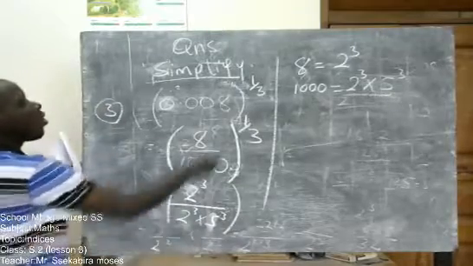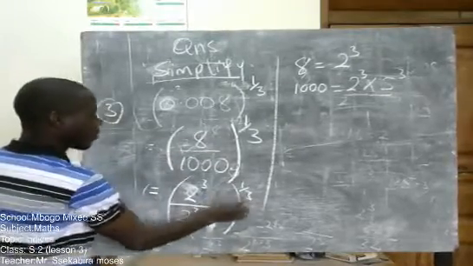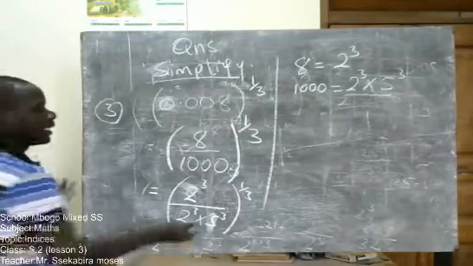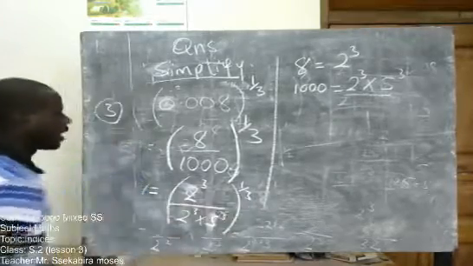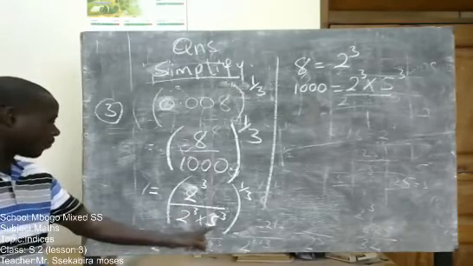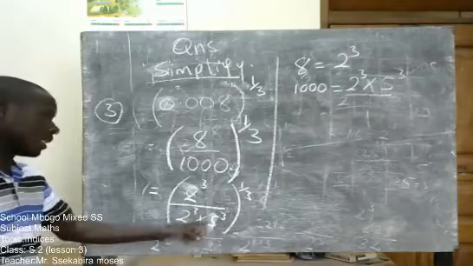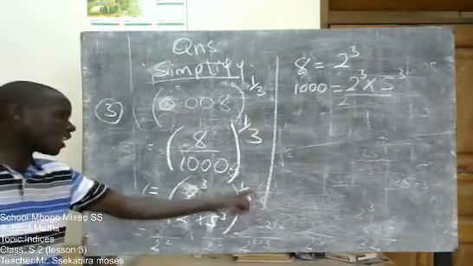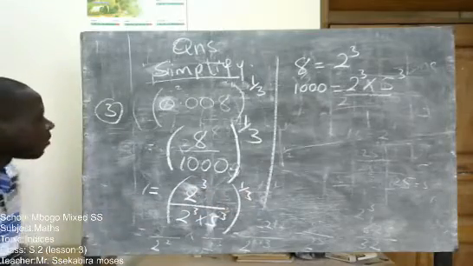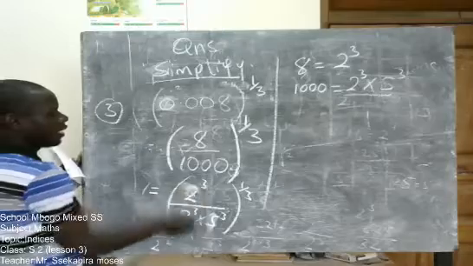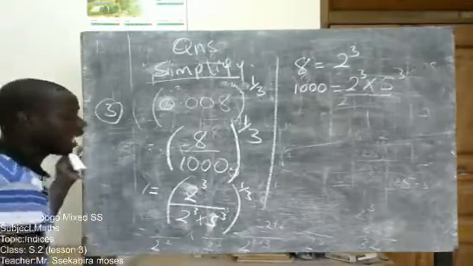But remember, all of it to power 1 out of 3. Now we said that if we have such a bracket, there is base 2, base 2, base 5. So these are prime numbers. Now we look at the powers. The power outside the bracket is going to be multiplied by each of the powers inside.